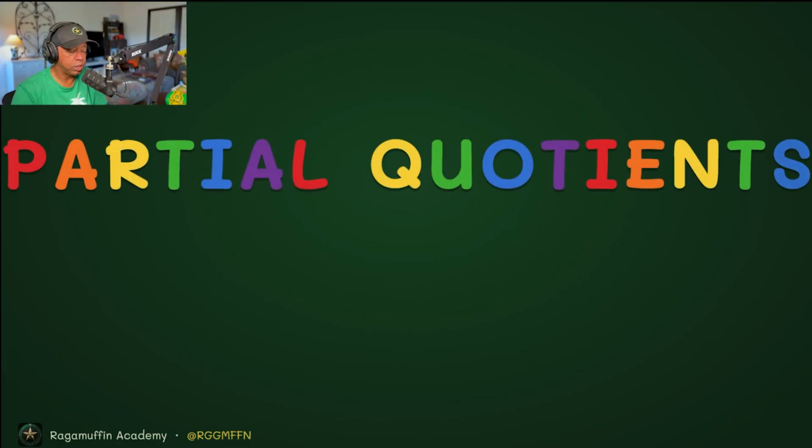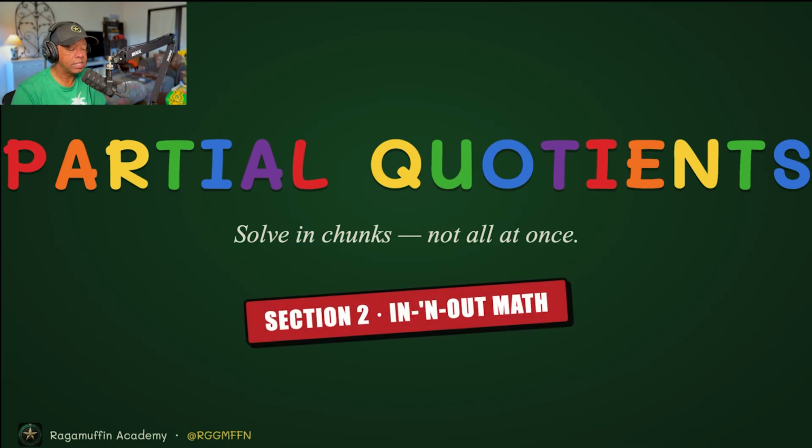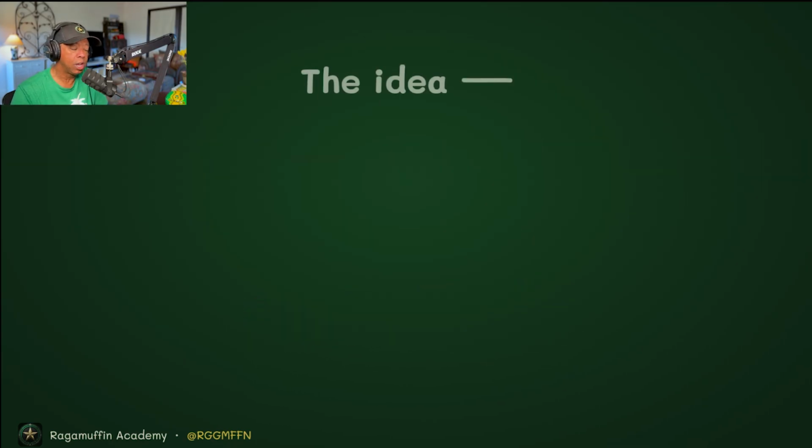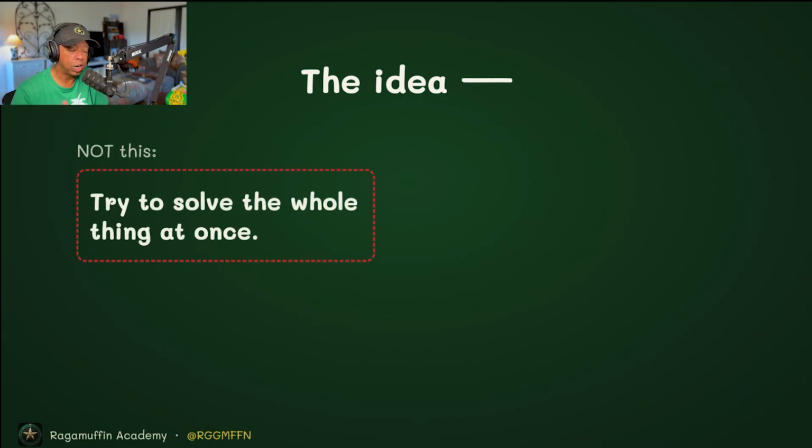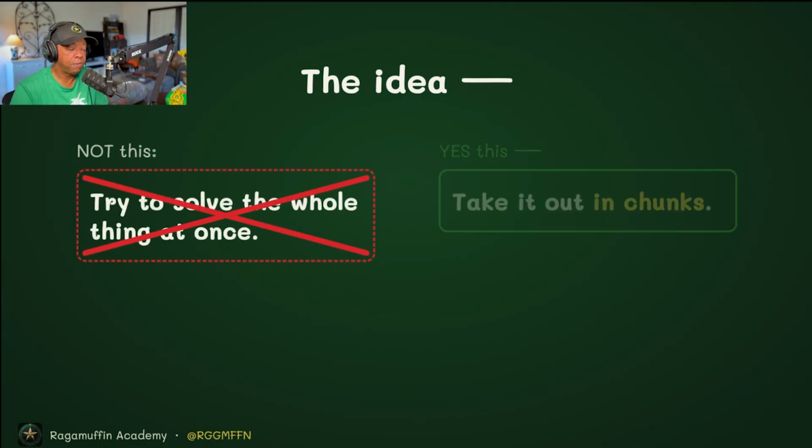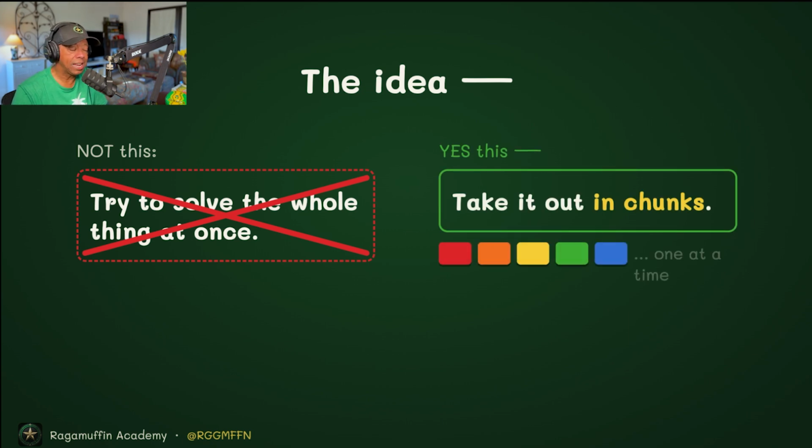Here's the method we're going to use, and it's called partial quotients. The idea is simple. Instead of trying to figure out the whole answer at once, we figure it out in chunks. The question is, how many groups of 24 fit into 768? I'm going to start by asking myself a smaller, easier question.